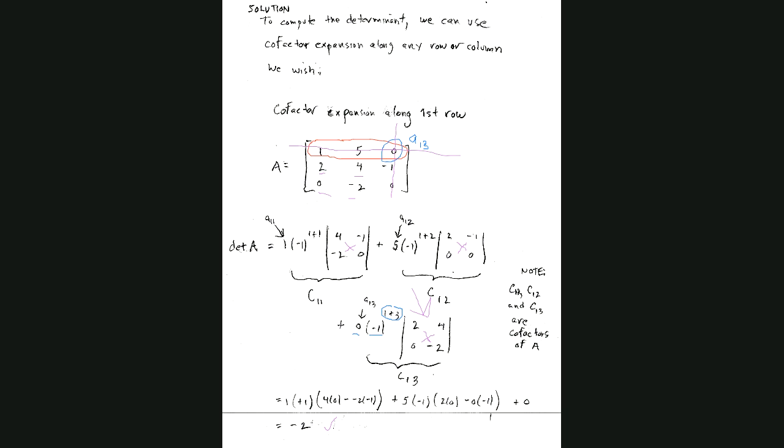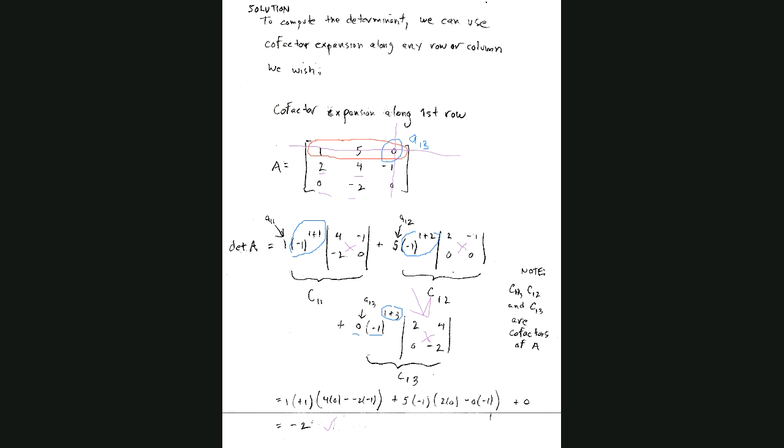Now, incidentally, sometimes, like with these -1 to the powers, you have to have -1 to a certain power for each of your cofactors, right?